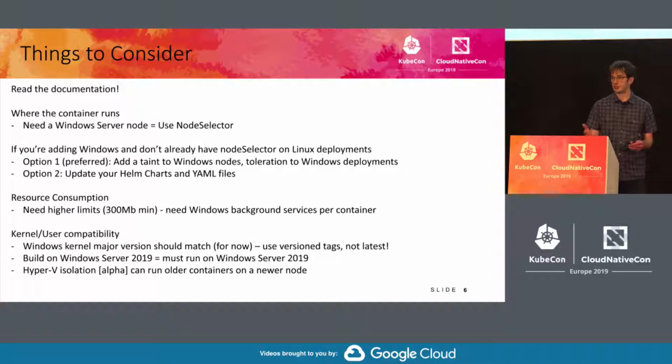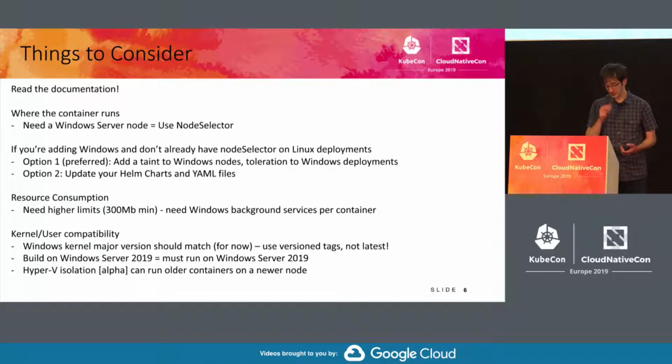But if you want to use things like ingress controllers, most of those are still running on Linux today, and so you'd have to run them on the control plane. What I expect is that most people will probably start with an existing Linux cluster that's running some Linux workloads and add Windows nodes to it. And if that's not what you want to do, let's talk about that in more detail at the end.